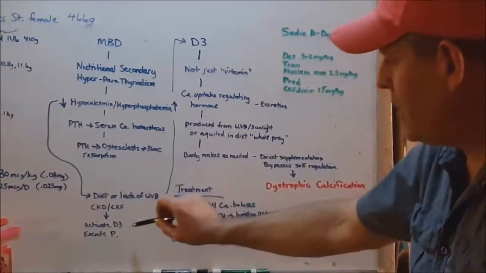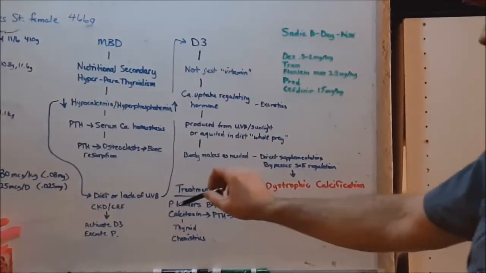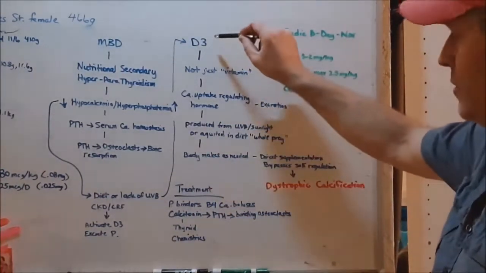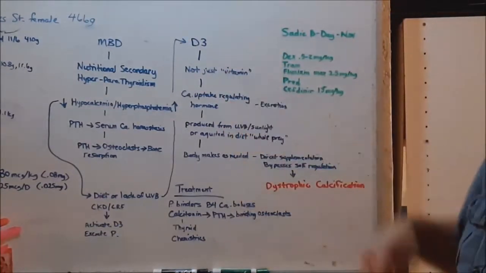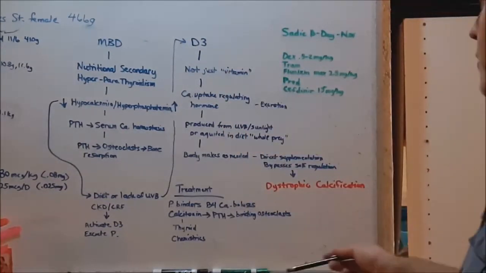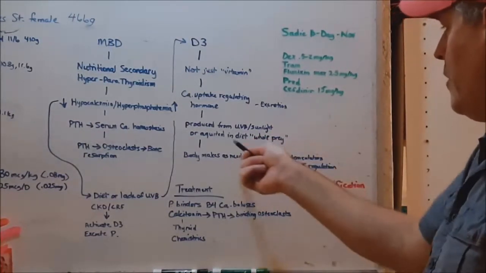Then it needs the kidneys to activate it. Your kidneys are actually the organ that activates this into vitamin D3, which then tells your intestines to absorb the calcium from your diet so that it's not excreted. That's where the UVB or the sunlight comes in.